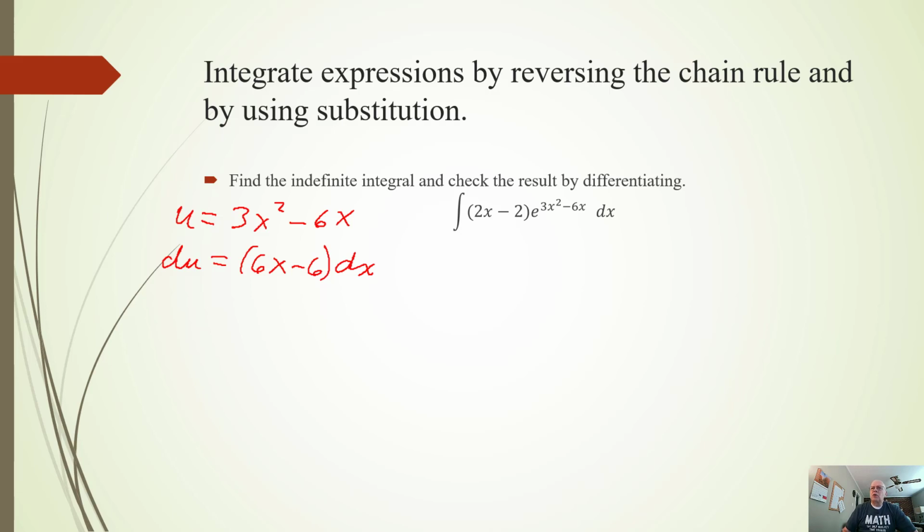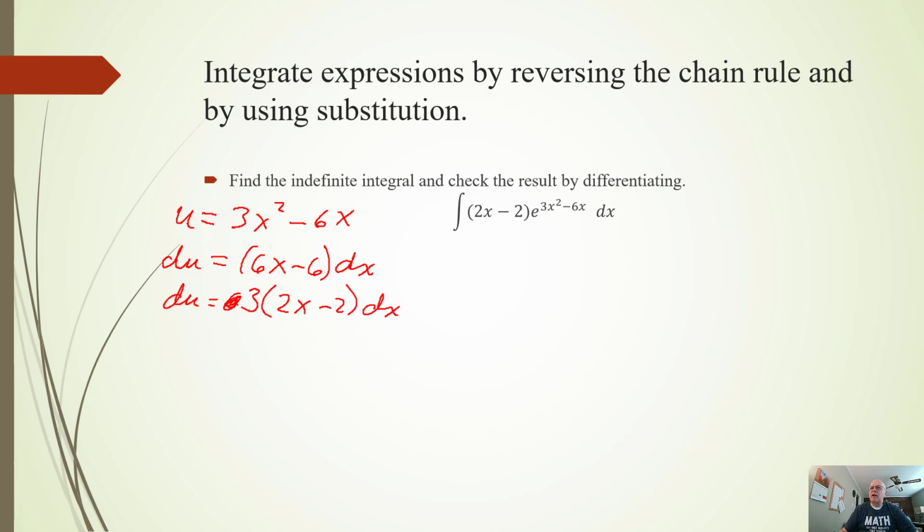Notice you could write this also as 6. Oops. We need those 2's there, so why don't we do this? Make this 3 times 2x minus 2 dx.